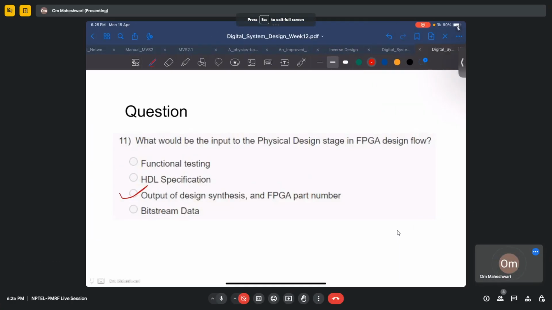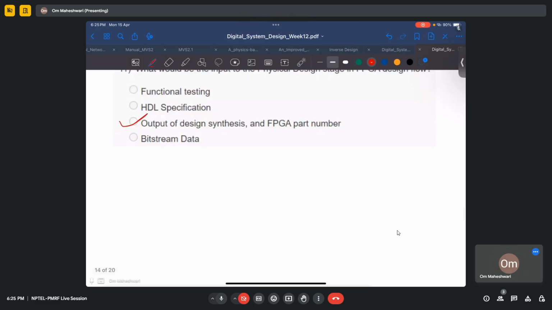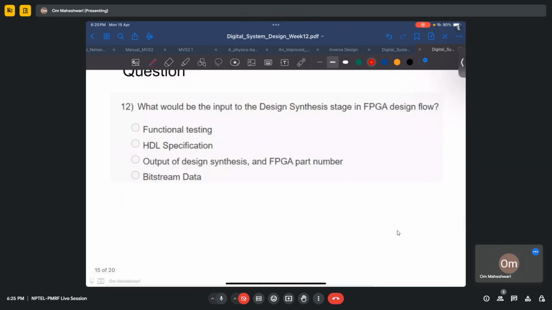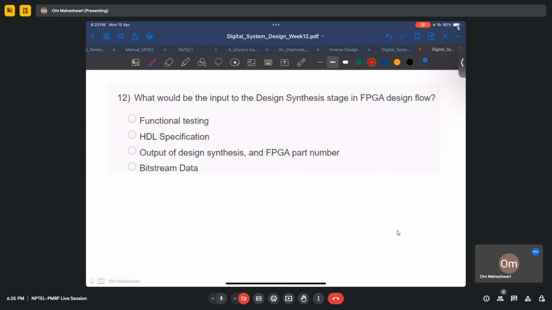Okay, so next one, what would be the input to the design synthesis stage in FPGA design flow?